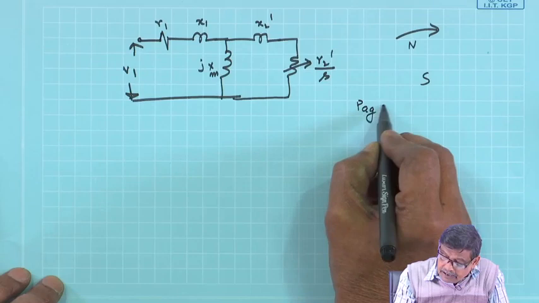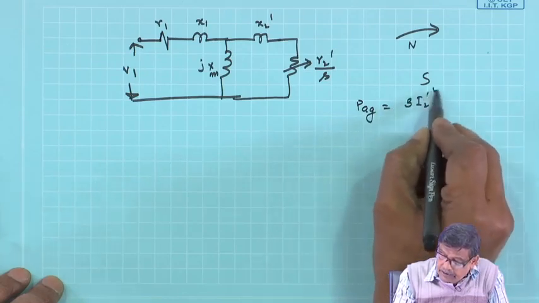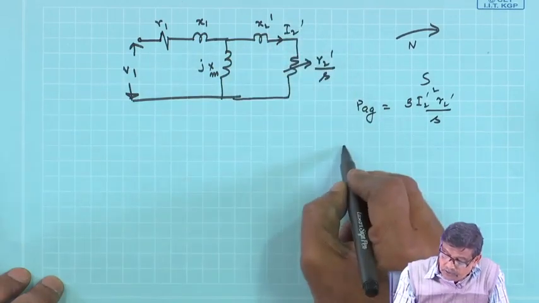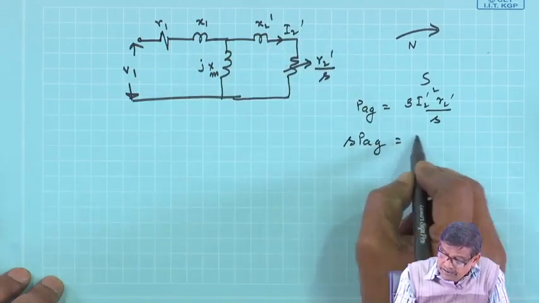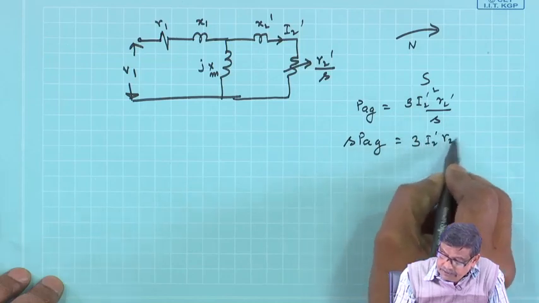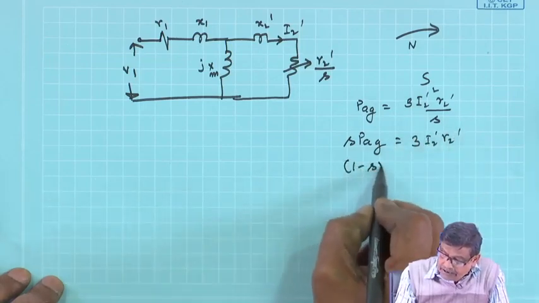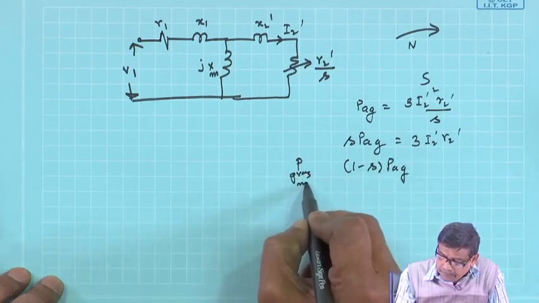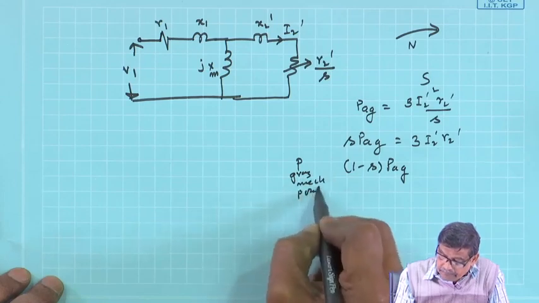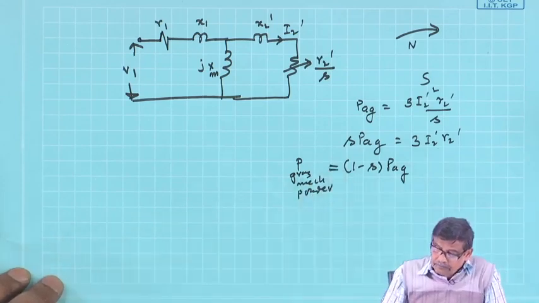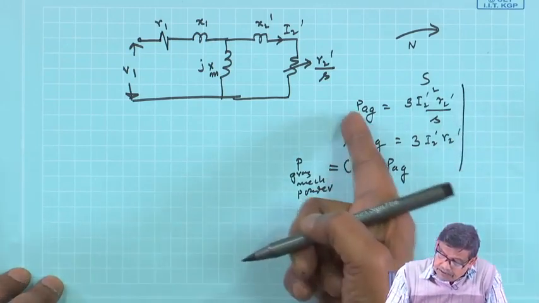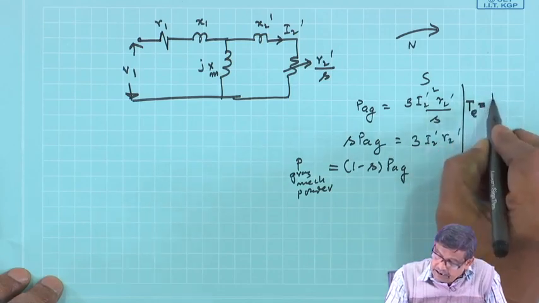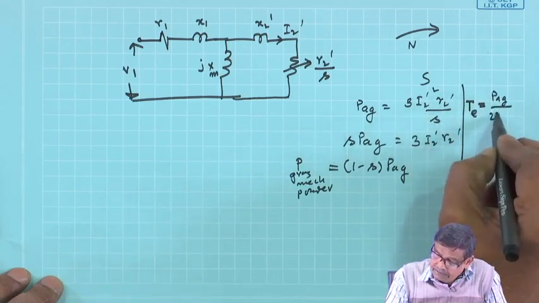PAG is 3 I2 dashed squared R2 dashed by S, this is I2 dashed, and rotor copper loss is S PAG, that is 3 I2 dashed squared R2 dashed. Then gross mechanical power developed is (1 minus S) PAG. That is all. And if you want to calculate the torque developed by the machine, it will be PAG by 2 pi ns, that is all.